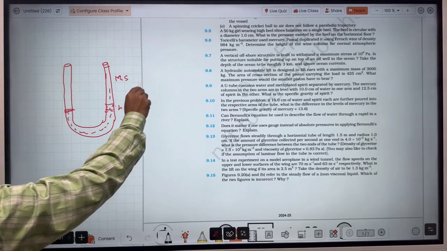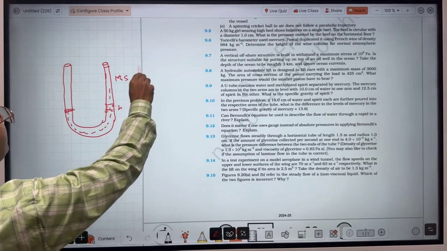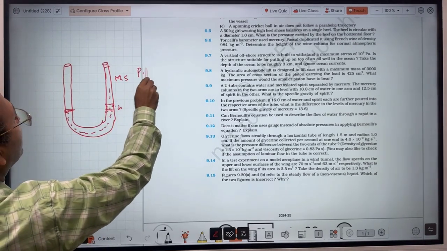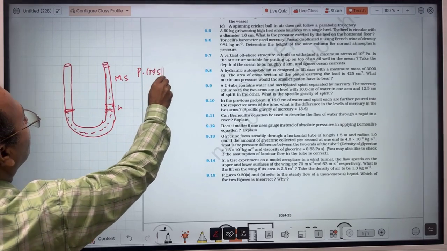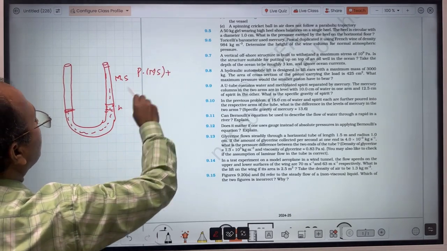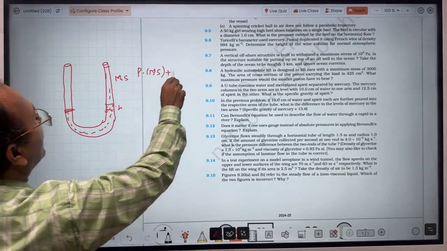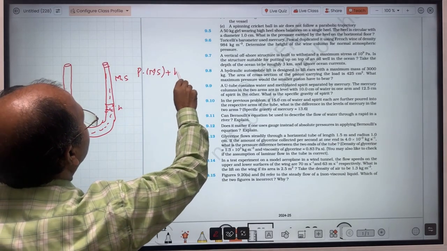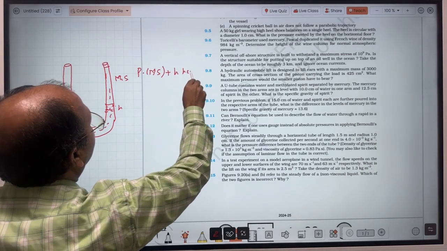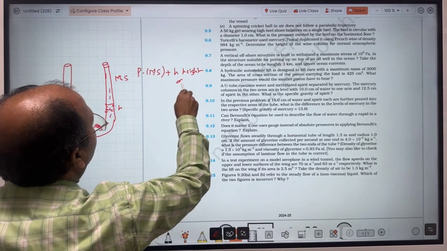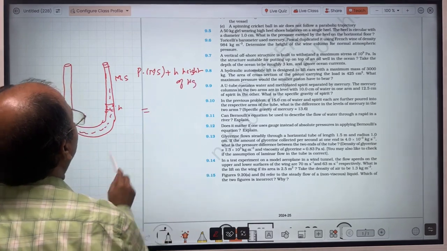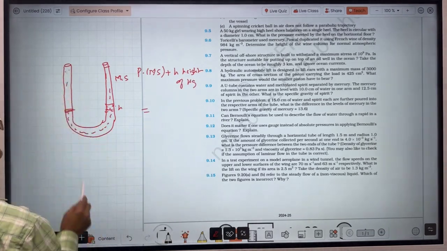So you can say that the pressure due to methylated spirit plus the pressure due to height H of the mercury column must be equal to the pressure due to the water column.